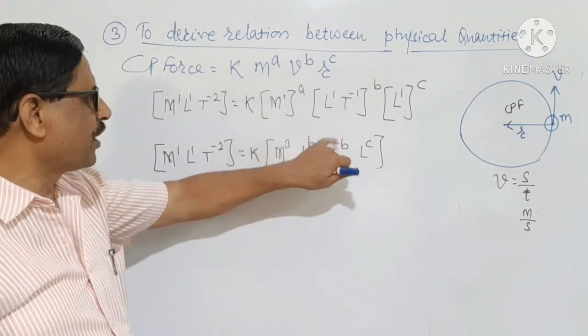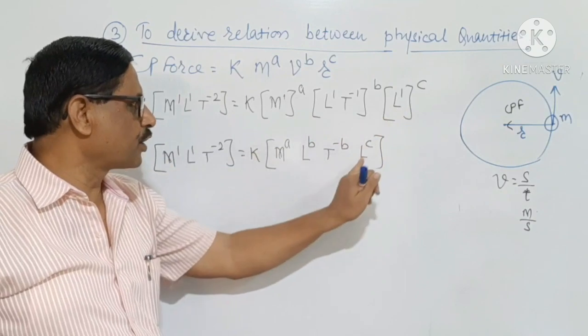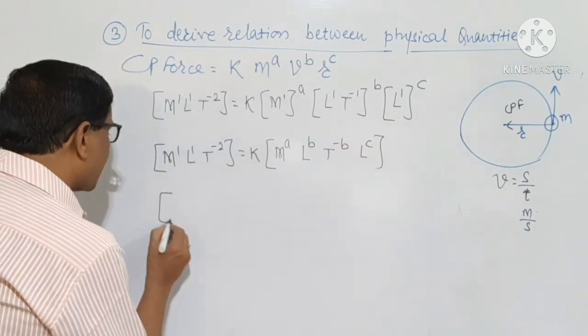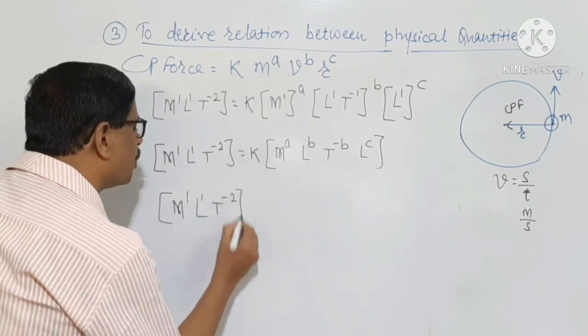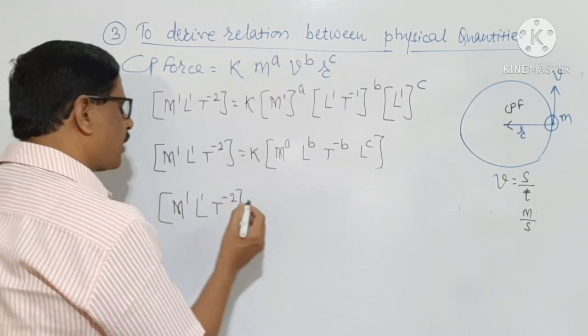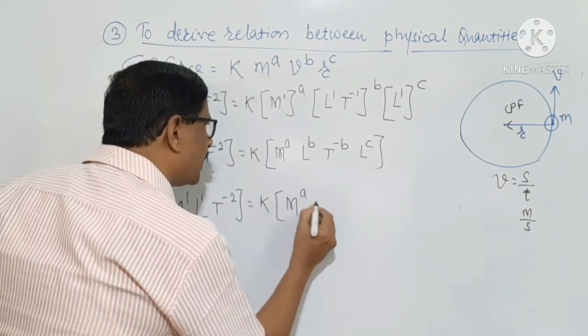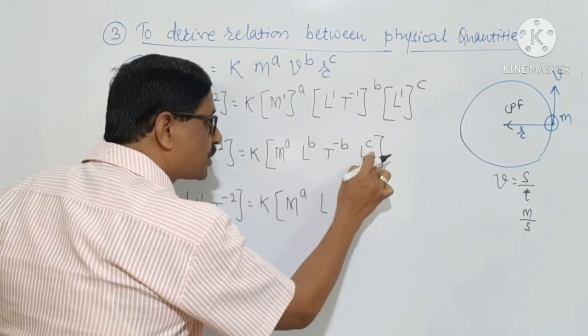This is the simple thing that we have done here. Now, using this, I will write M1 L1 t minus 2 on the left hand side of the equation, and on the right hand side I will write m raised to a, L raised to b, L raised to c.